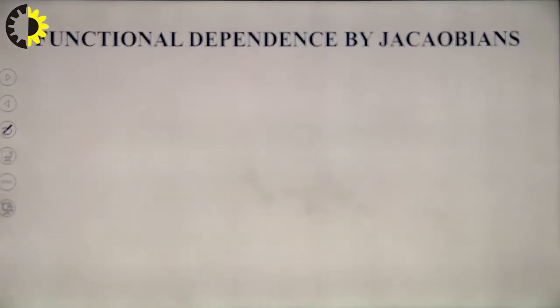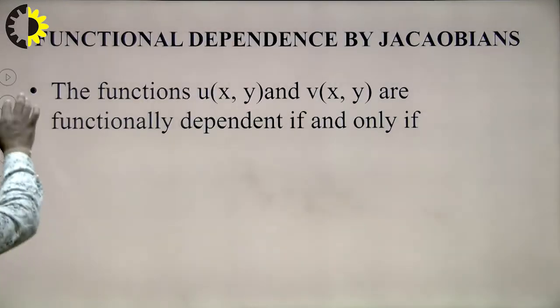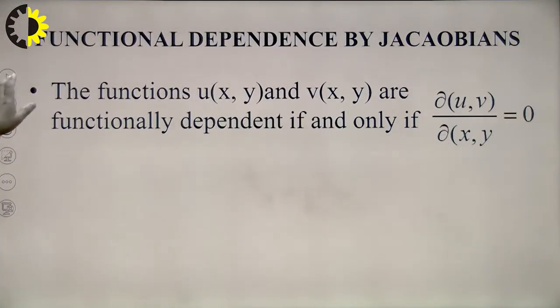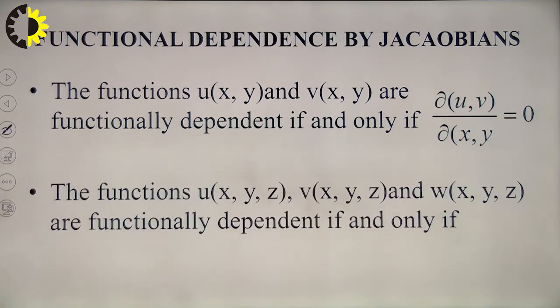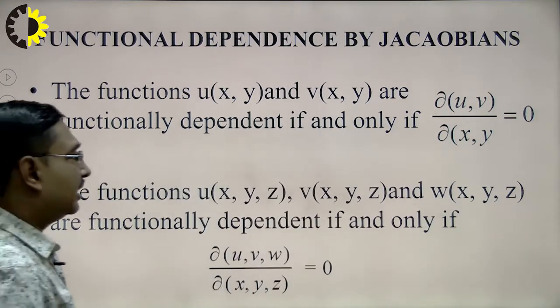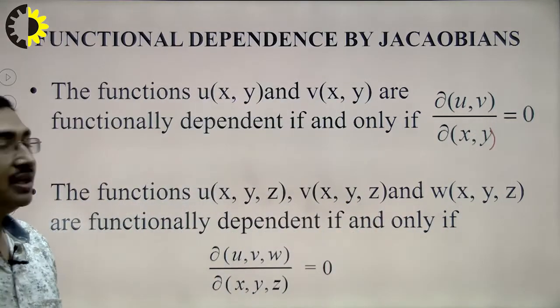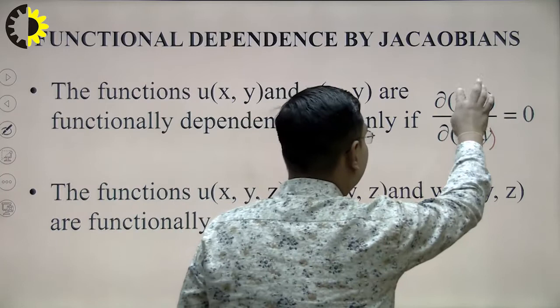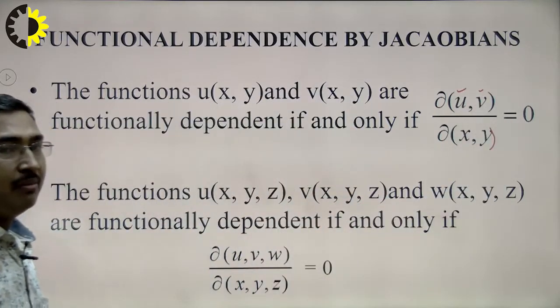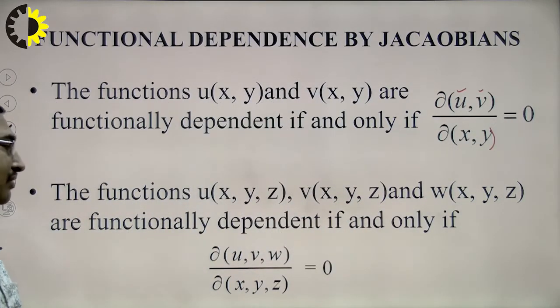Now, we have also seen the criteria to examine functional dependence. If the Jacobian del(u,v) over del(x,y) is 0, then only can these functions u and v be functionally dependent, otherwise not.